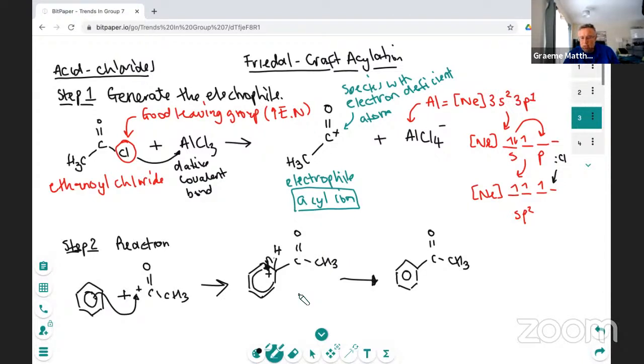And the reason for that, we said, is because of resonance stabilization. Same thing. You reform the ring.